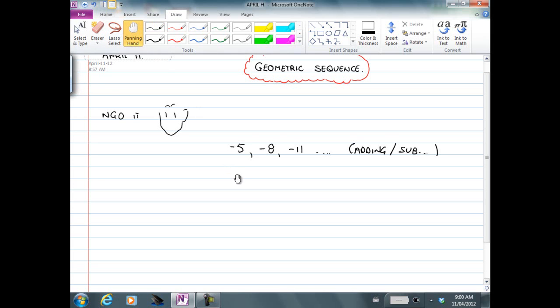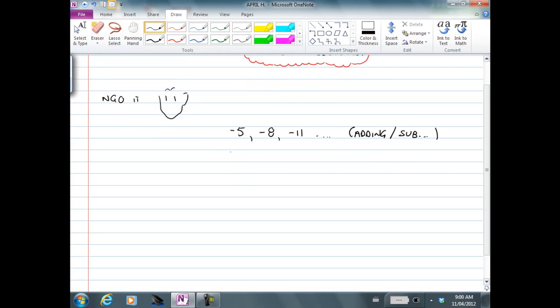Now, a student also asked me, so what if you multiply: 3, 6, 12? This is no longer arithmetic. If you're multiplying or dividing, this is a brand new concept, and we can't use arithmetic anymore.